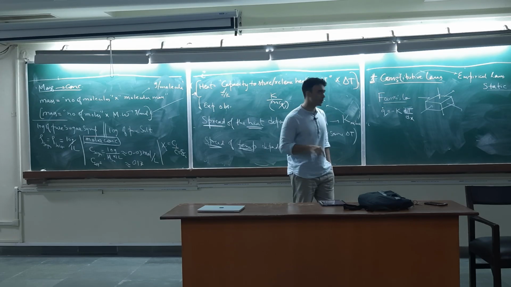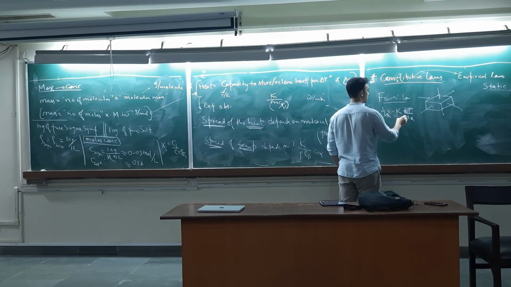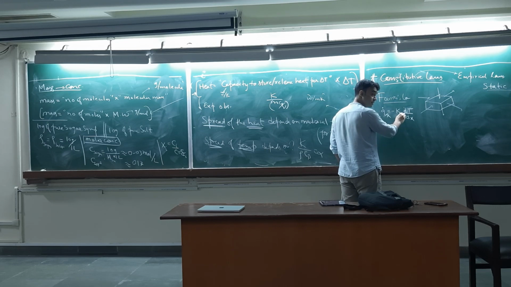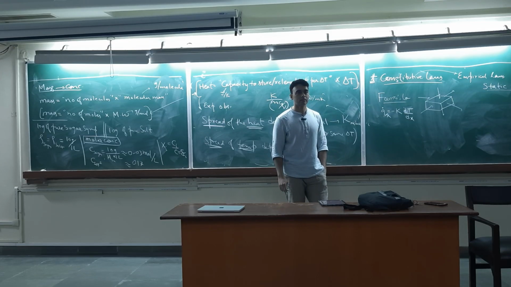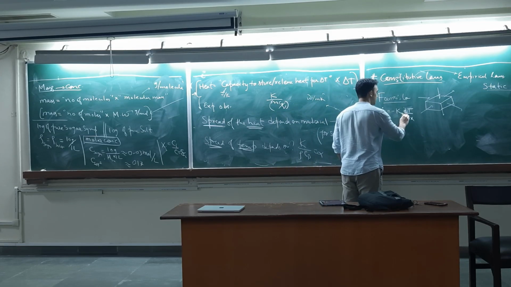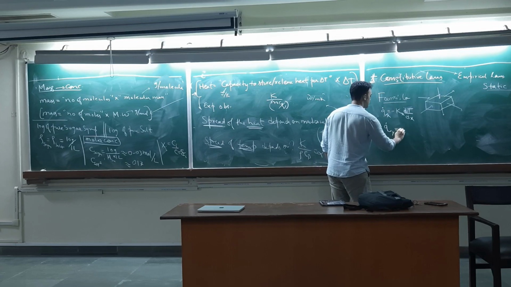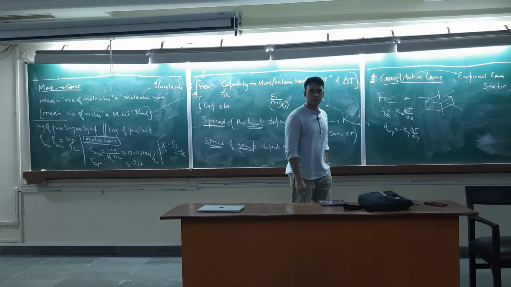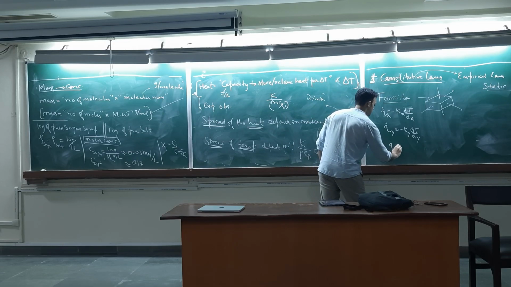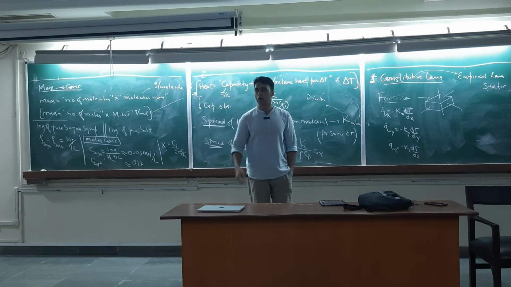In each direction I am doing this experiment. So let me write qx equals minus kx dT/dx. Should I write it kx for now? I didn't say what kind of material it is. So let me just write kx for now. Can I write qy is equal to minus ky dT/dy? qz is equal to minus kz dT/dz. All of you are now experts in vector calculus. Can we write it in the Gibbs notation, compact form?